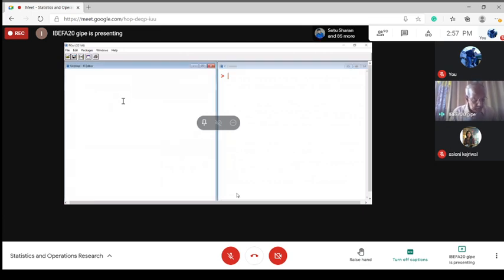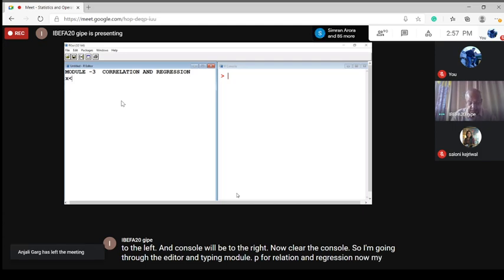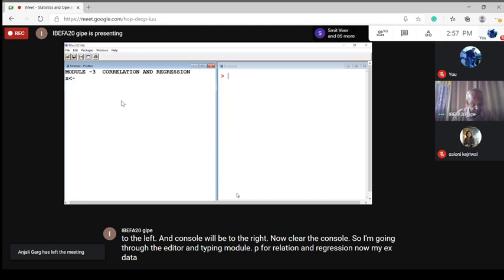So I'm going to the editor and typing module: correlation and regression. Now my X data. And X data is nothing but the distance.